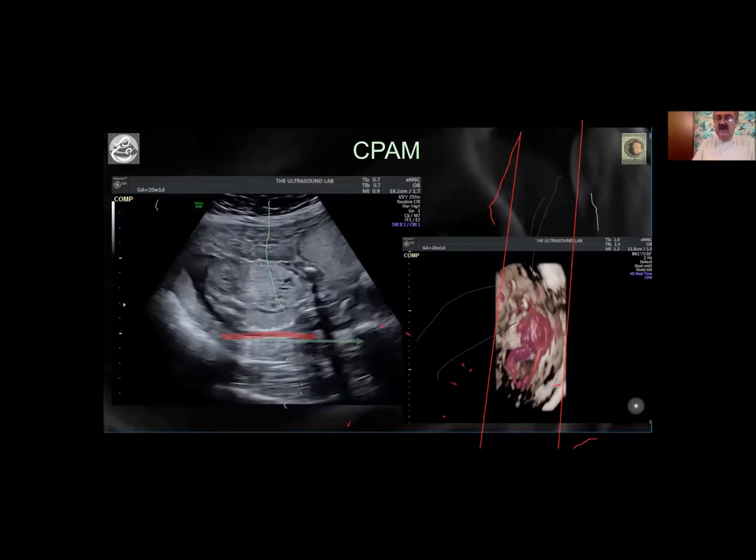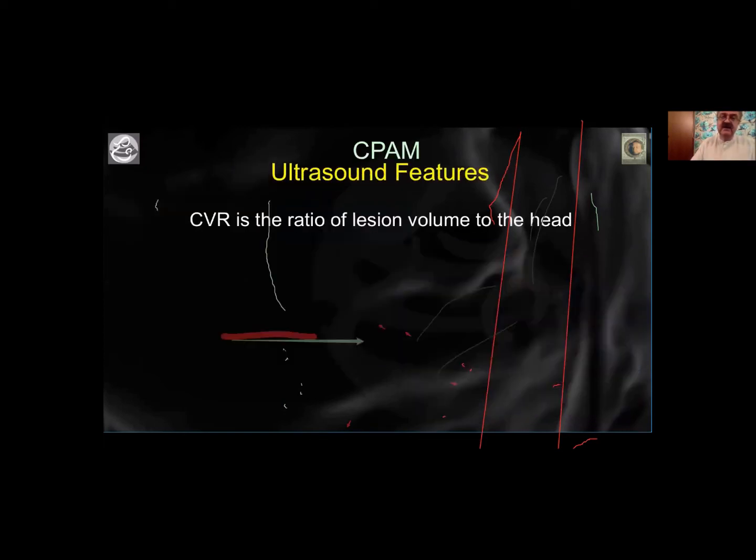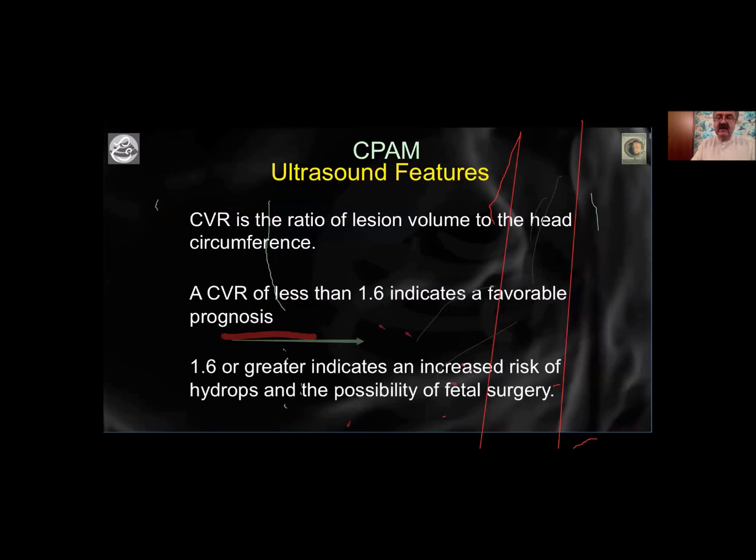The CPAM can be a homogeneous or a mixed echogenicity lesion, or one with large cysts, and we measure the volume of the CPAM by height into width into length multiplied by 0.5, which is the standard calculation of an ellipse, and we divide it by the head circumference. And depending on this result, if you have a CVR which is less than 1.6, then it's a favorable prognosis, likely to go absolutely okay.